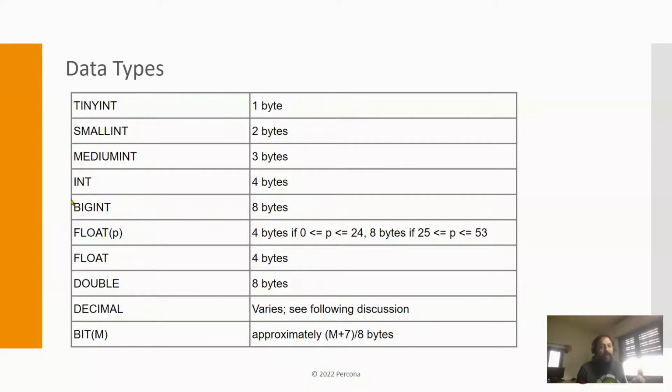And I'm sure most people don't have ants as customers. So there is no point in having big int for your customer ID. And then you will have to reference your customer ID in 10 other tables. So you're wasting bytes, not only in one table, you're wasting bytes everywhere you reference it.